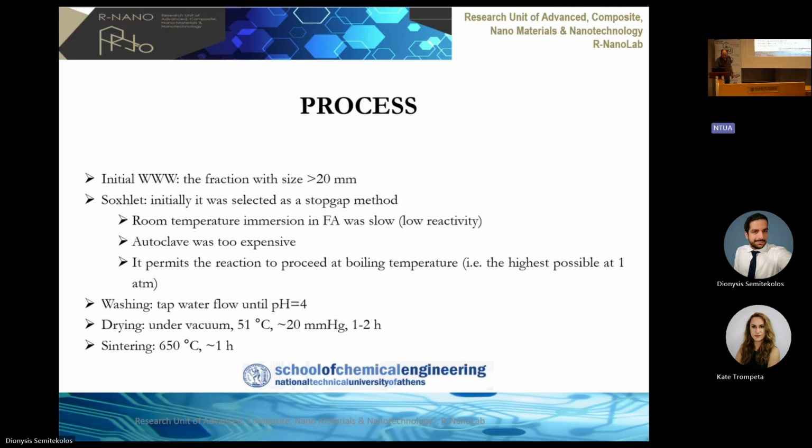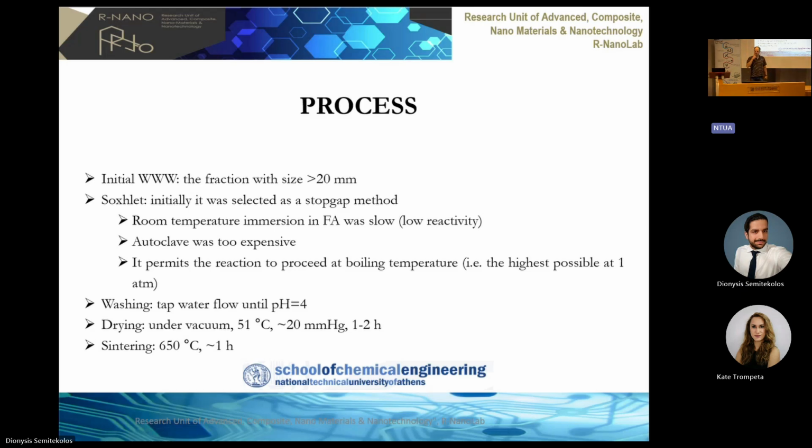A couple of details about the process. The initial waste we used was one with the largest fractions. We received this in the framework of the Blades to Build program. We received a number of waste blade fractions.